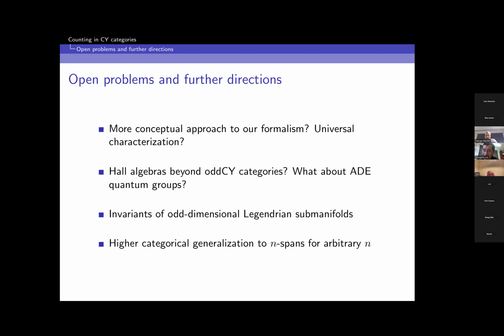Yeah, so I mean, it will be kind of like going from the Ringel-Hall algebra to the motivic Hall algebra. So there should be some variant of this formalism where instead of counting number of points over a finite field, you sort of count motivically.